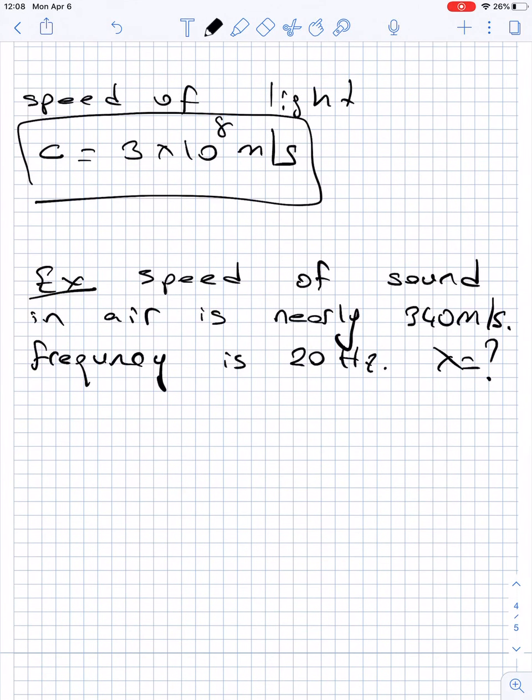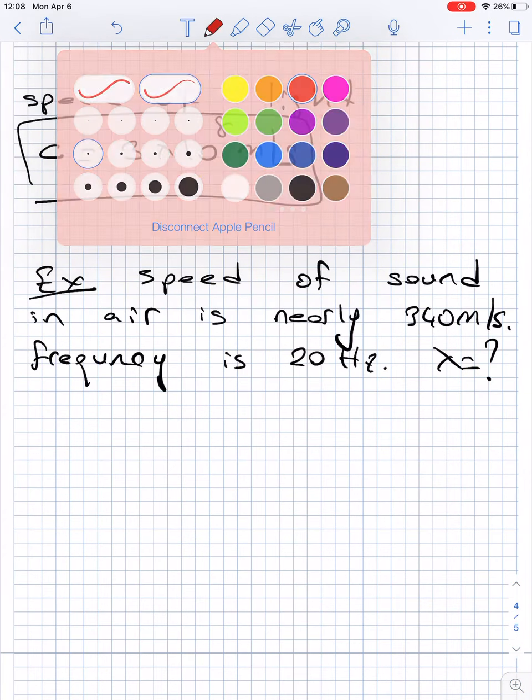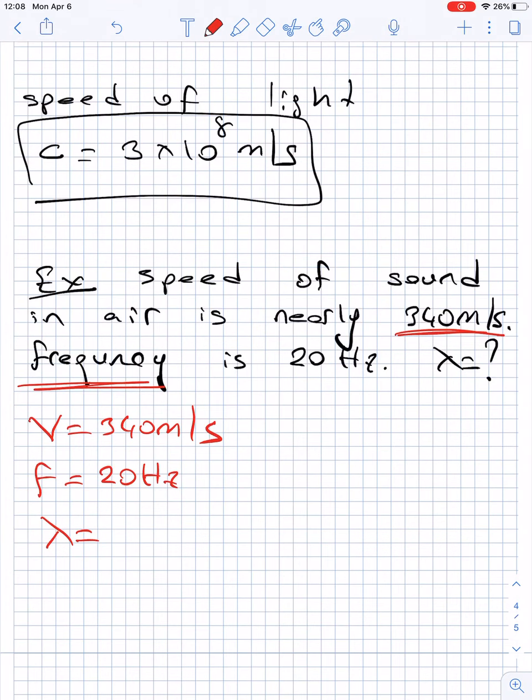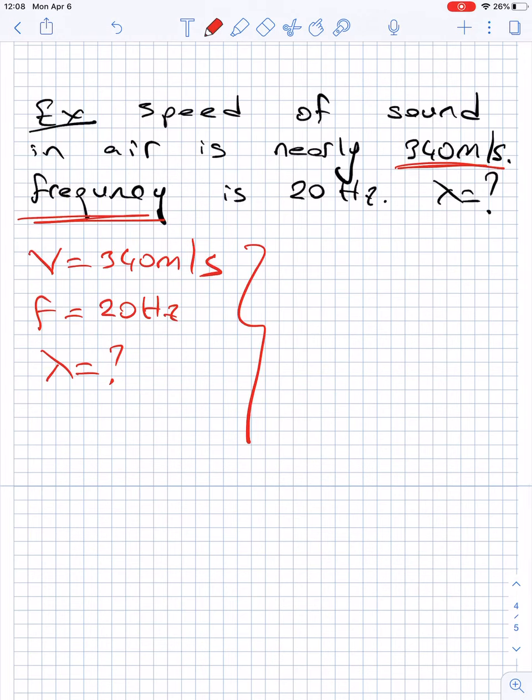What is the lambda? Lambda means the distance between two crests or troughs. When we check this question, which do we know? We know speed, symbol v, 340 meters per second. We also know frequency, 20 hertz, and it is asking for lambda, the distance.